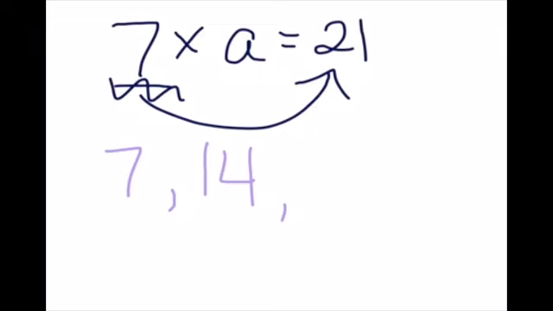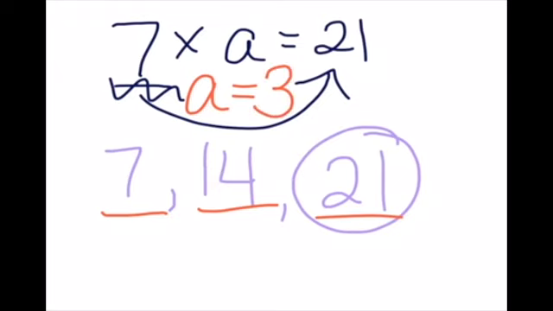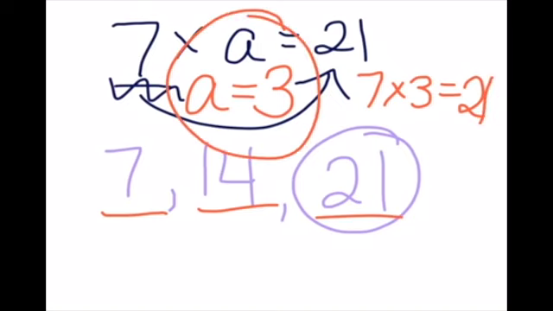And then what would come after that? 14 plus 7. Oh, that's 21. So that's where I stop. How many times did I count by 7s? 1, 2, 3. So what would A equal? 3. Because we know if we filled that in and replaced the A with 3, 7 times 3 is 21. So A equals 3 in this problem.